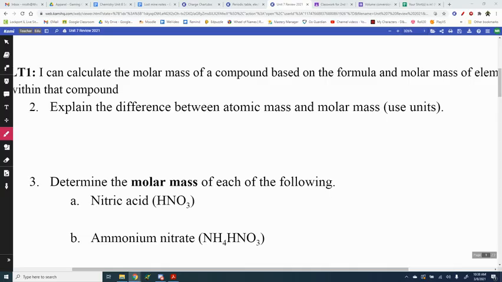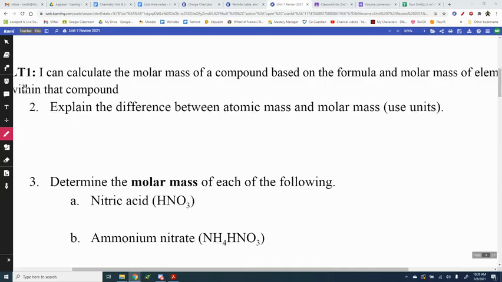So if we have 6.022 times 10 to the 23rd atoms of carbon, it will still weigh 12.01, but it will not weigh 12.01 AMUs. It will weigh 12.01 grams. So that's the difference: atomic mass measures one particle, molar mass measures one mole.